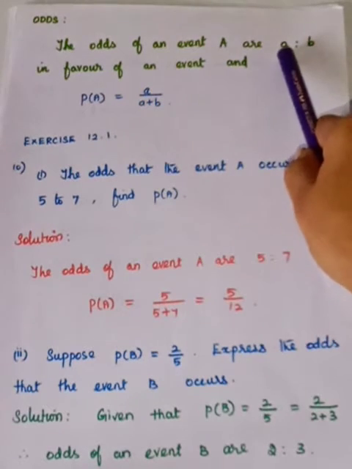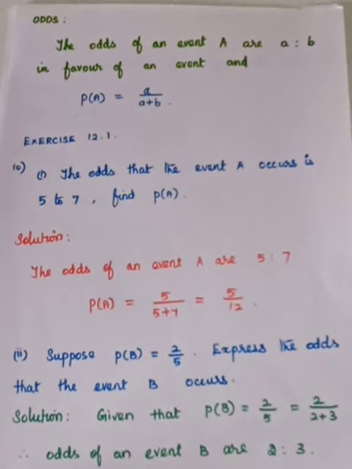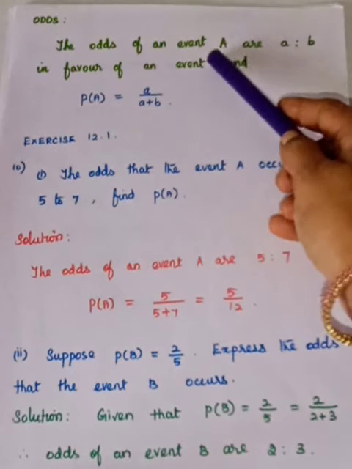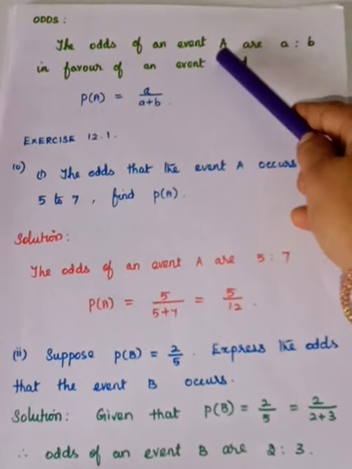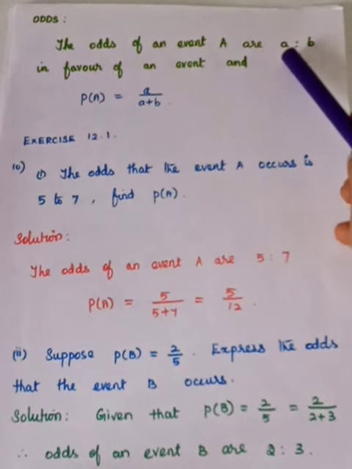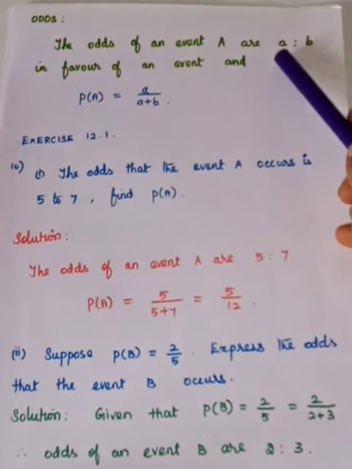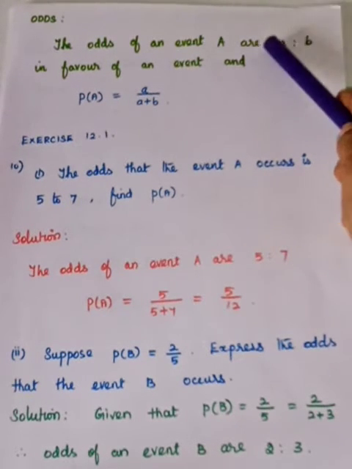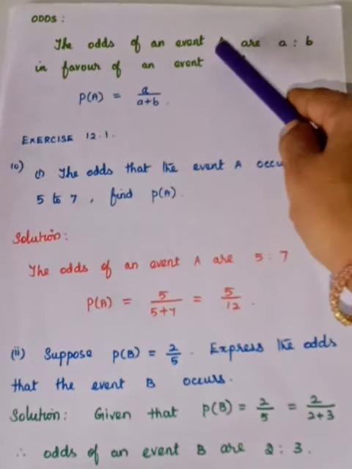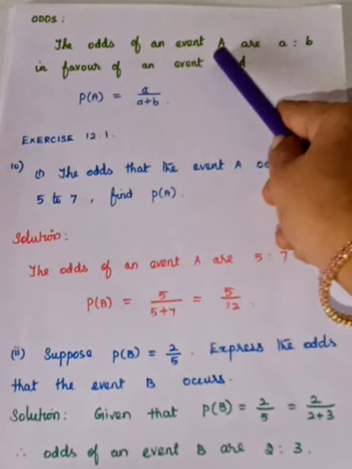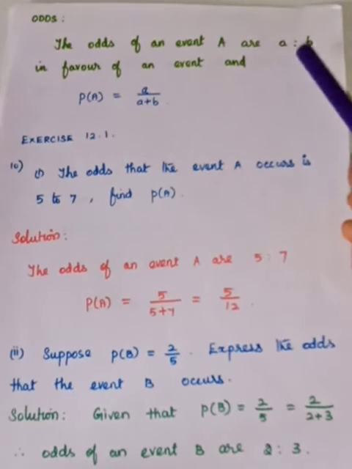Here the small a is the chances in favor of the event A. B represents the chances against the event A. In another way we can say, the small a represents the number of ways that the event capital A can occur. Okay, what is small b?